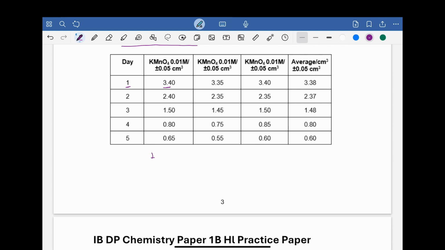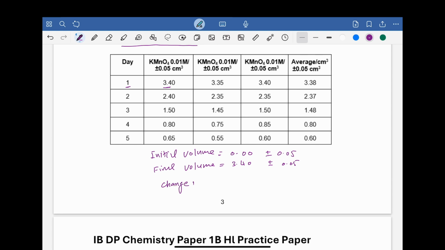The student read the burette with an initial volume, for example 0.00 plus minus 0.05, and the final volume for the first titration is 3.40 plus minus 0.05.